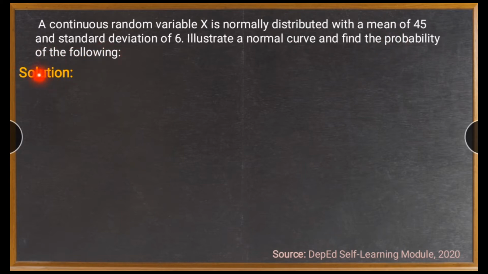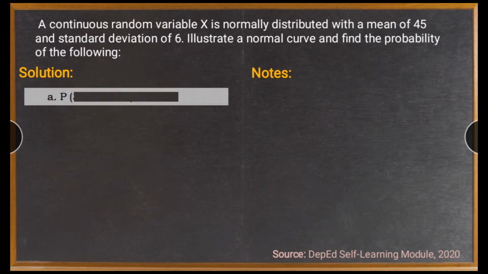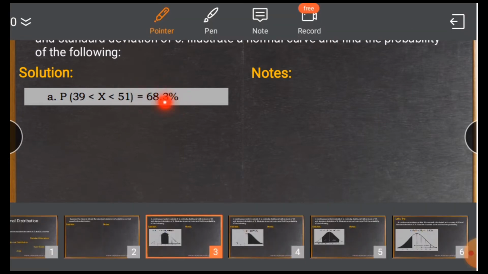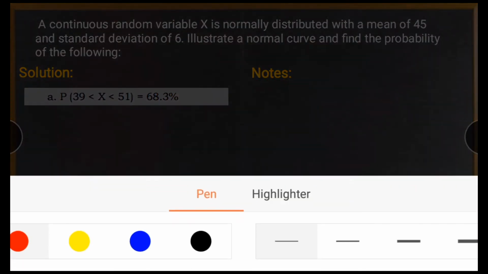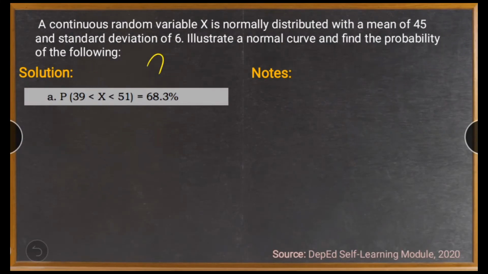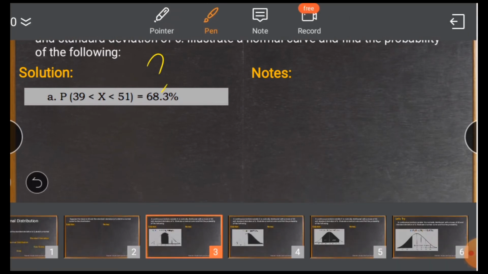The probability that the random variable x is greater than 39 but less than 51 is actually 68.3%. But the question is how?